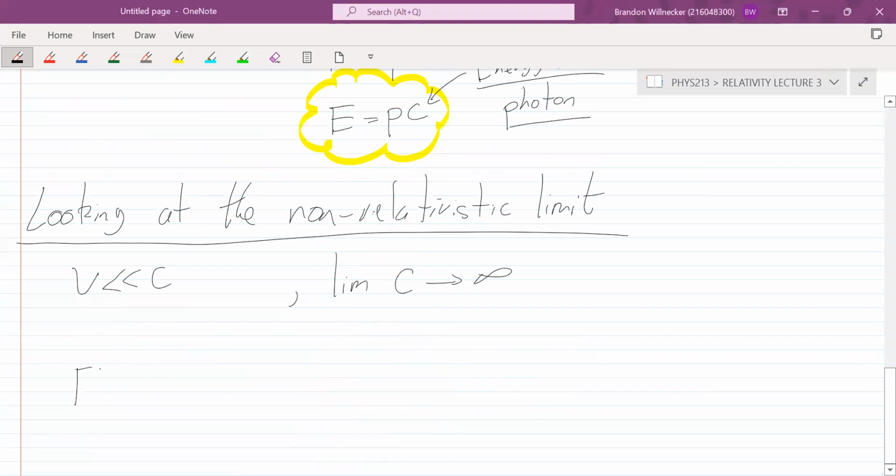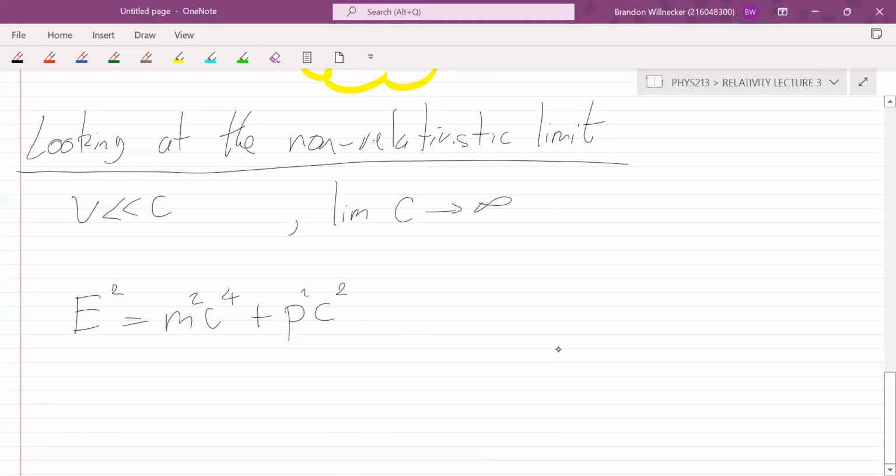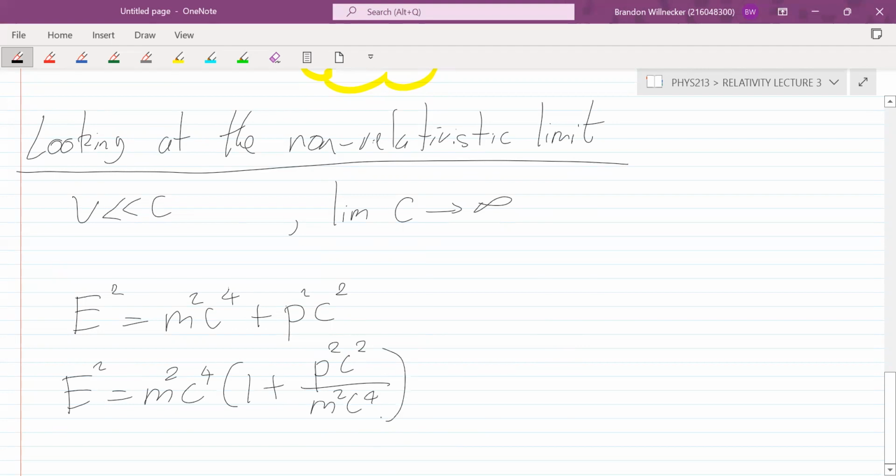So we start with E squared is equal to m squared c to the 4 plus p squared c squared. The first thing we do is factor out m squared c to the 4. So we have E squared is equal to m squared c to the 4, times 1 plus p squared c squared over m squared c to the 4.